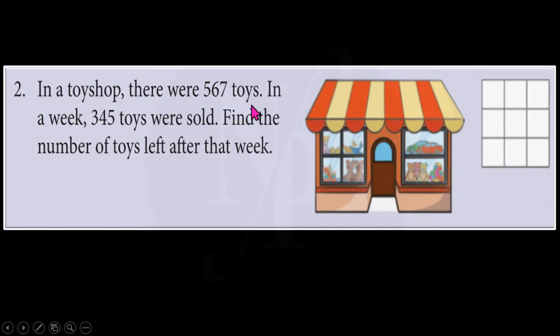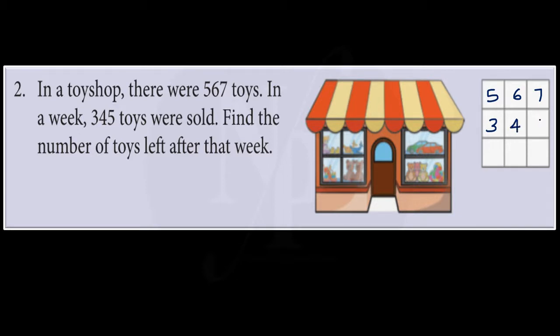Let us write down in the table given here. 567 toys were there. In a week, 345 toys were sold. So after that week, we should find the number of toys left over in that shop.